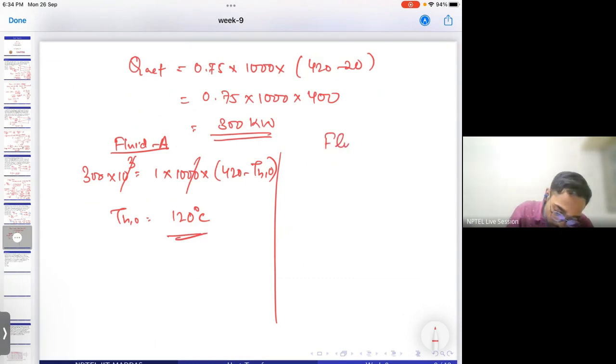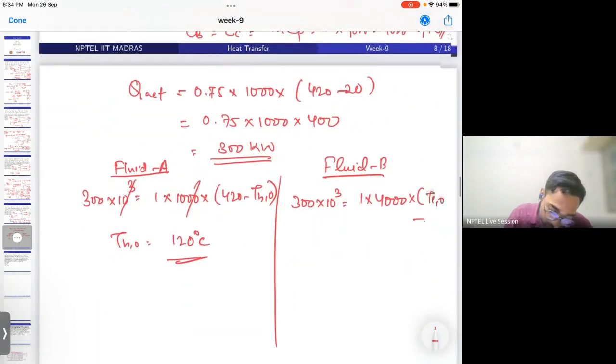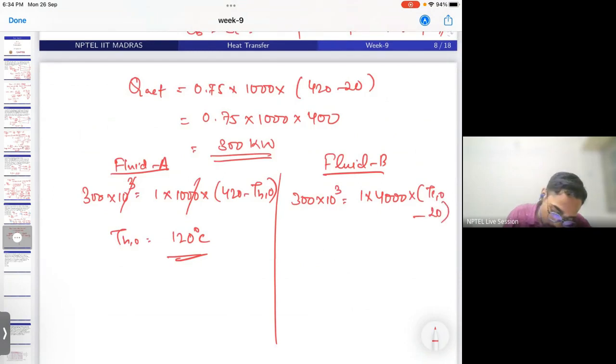And for fluid B, 300 into 10 raised to 3 is equal to 1 into 4000 into TCO minus TCI, where TCI is 20. So the TCO will be around 95. So these are the answers.